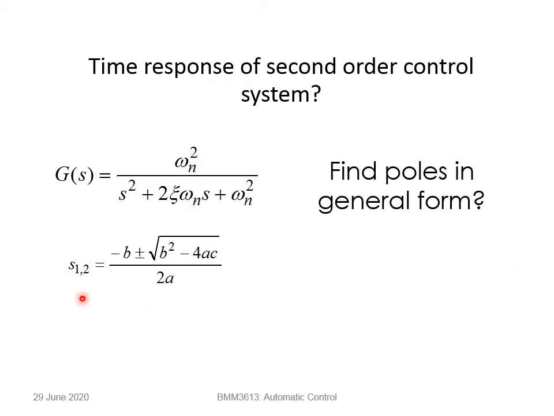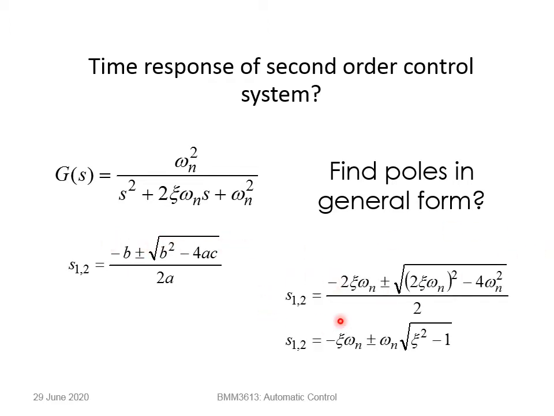Finding the poles means finding the roots of the denominator polynomial, the second order equation. If you do that, you will find that your poles are minus zeta omega n plus or minus omega n square root of zeta square minus 1.